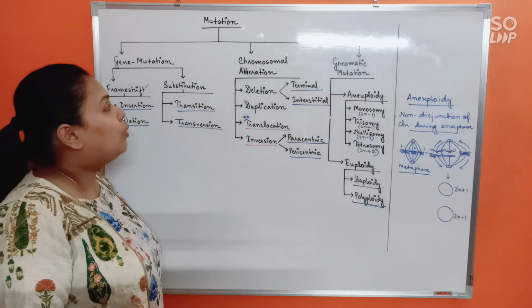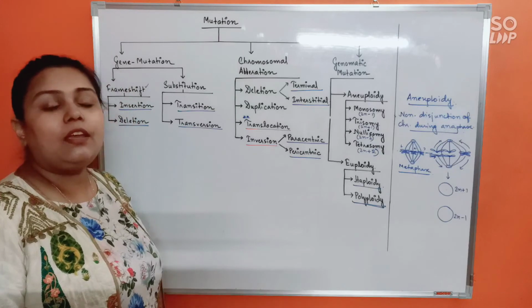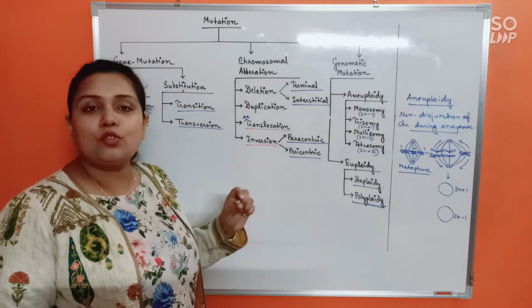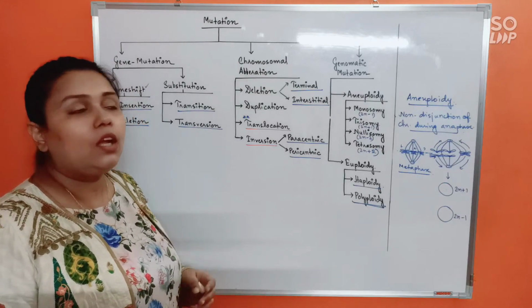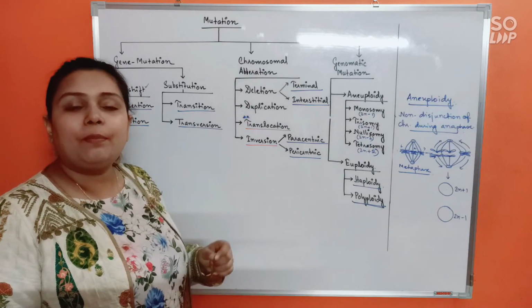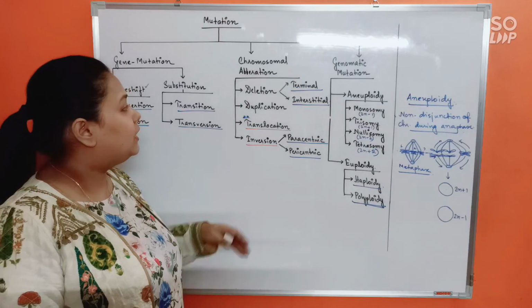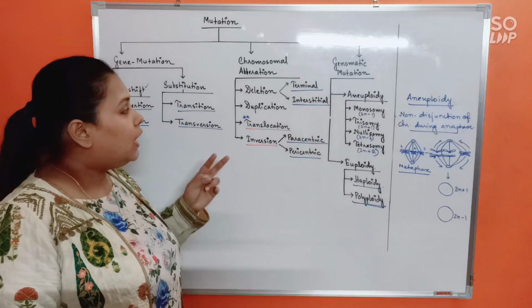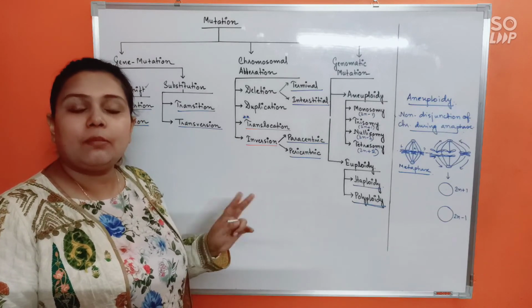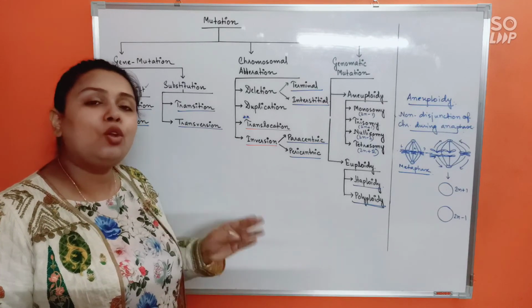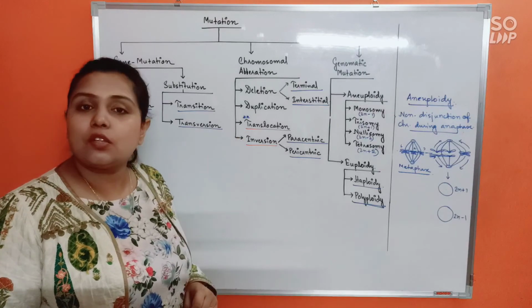Now, chromosomal aberration: if a part of the chromosome is lost, we call it deletion. If a part of the chromosome is added, it is duplication. If exchange of genetic material occurs between 2 non-homologous chromosomes, we call it translocation.